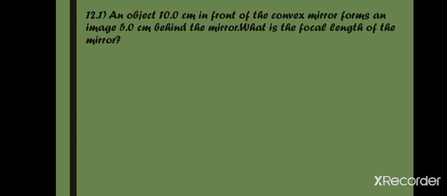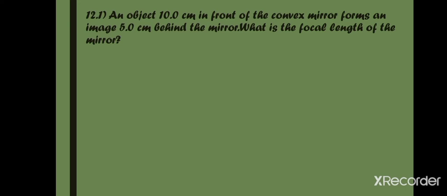So the mirror is convex, and the object in front of the convex mirror means it is the object location, which is P. It forms an image 5 cm behind the mirror, so it is Q, the image location. What is the focal length of the mirror? So we have to find the focal length of the mirror.